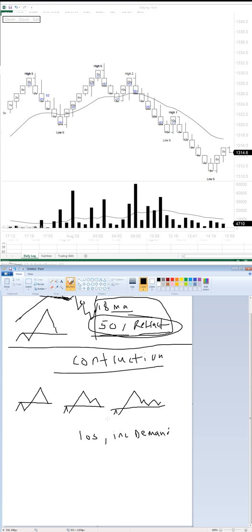But once that happens, that means that basically one side is drying up and the other side is coming in. And then you have a shot at it. Okay, now there are a lot of subtleties to this, like when will this break, when will it fail?